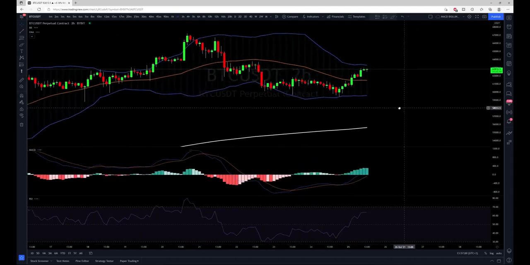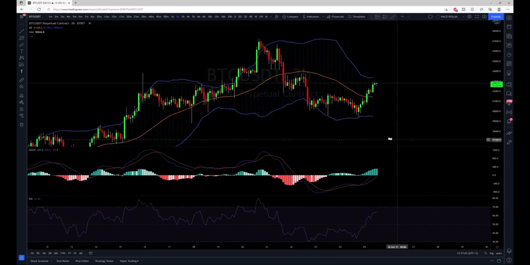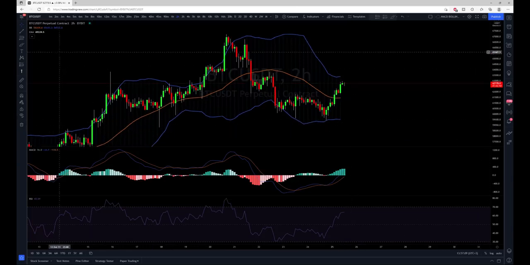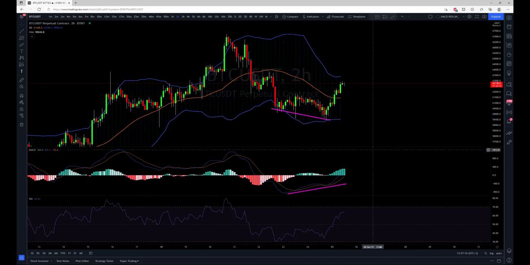So just for this, let's go to this most recent one here, where we get a fantastic divergence on the MACD to give us the perfect entry, where you can combine both the divergence of the MACD with the bottom of the Bollinger Band for a really high probability trade.